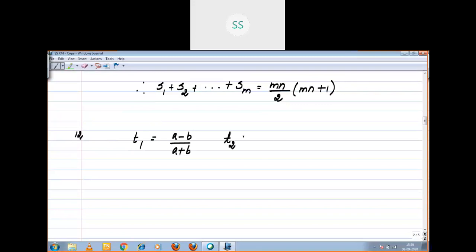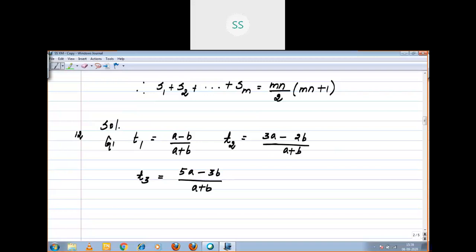What is your T2? T2 equal to 3a minus 2b divided by a plus b. What is your T3? T3 equal to 5a minus 3b divided by a plus b. It is given to you, right?